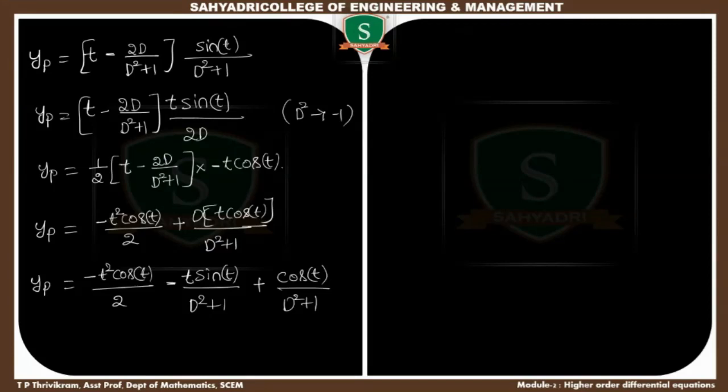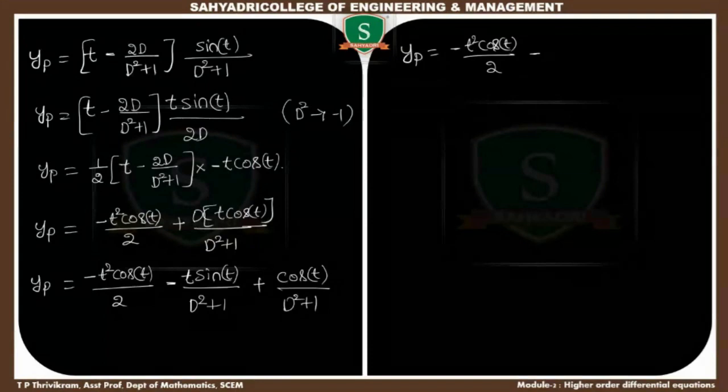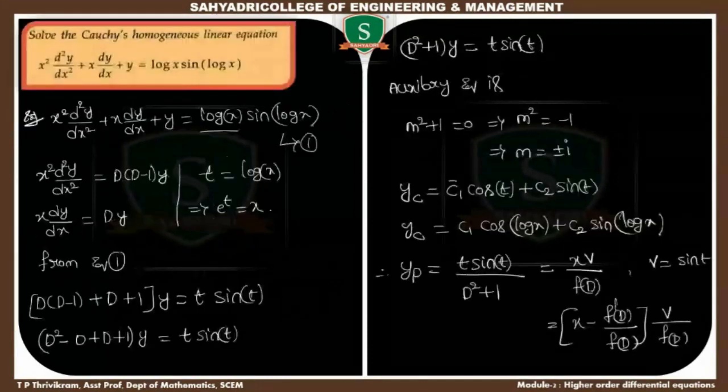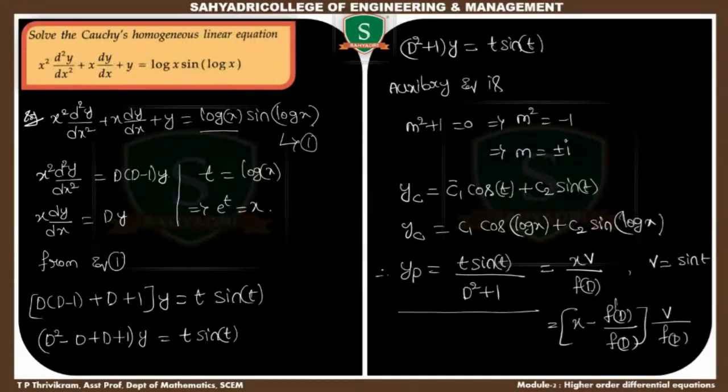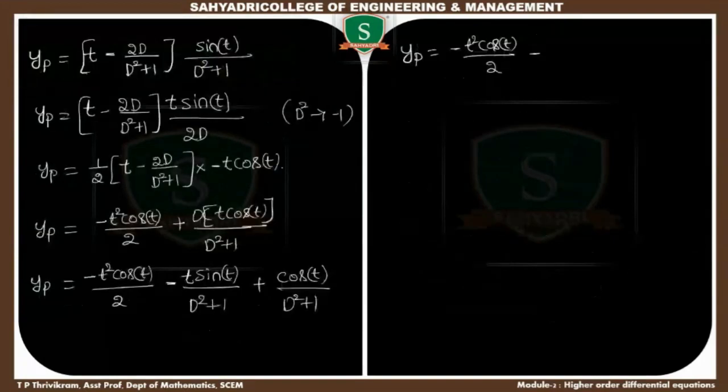Now yp is equal to minus t square cos t divided by 2 minus, if you observe this properly, what is yp here? t sin t divided by d square plus 1. This one we have represented with yp, right? So here also the same term is there.